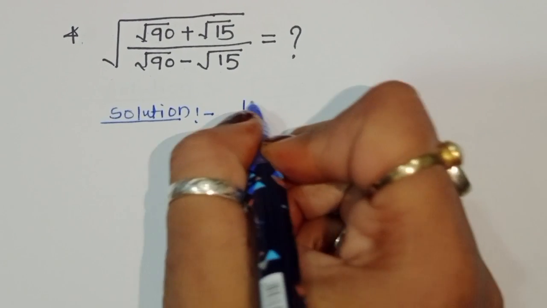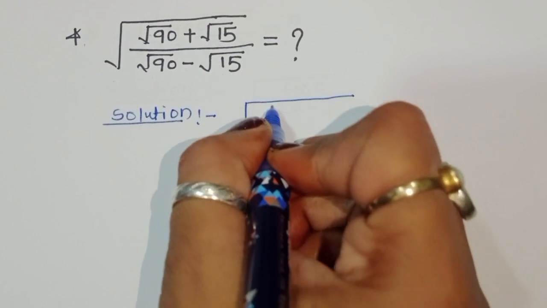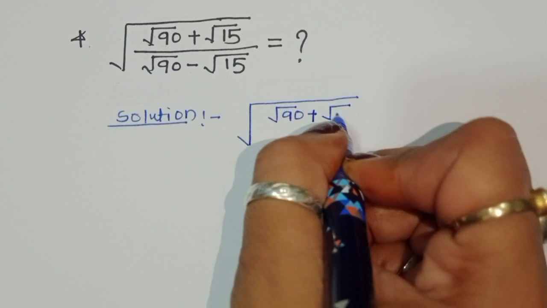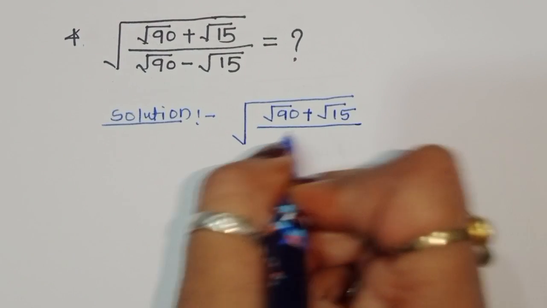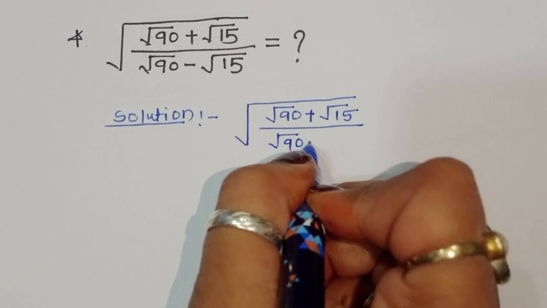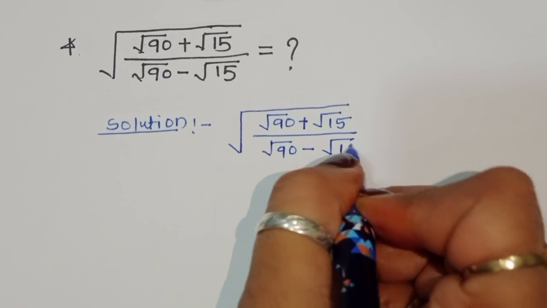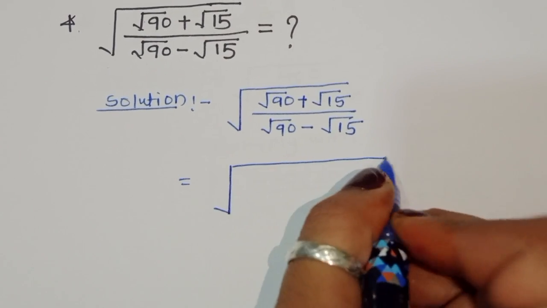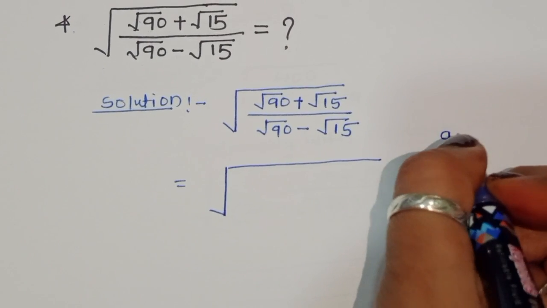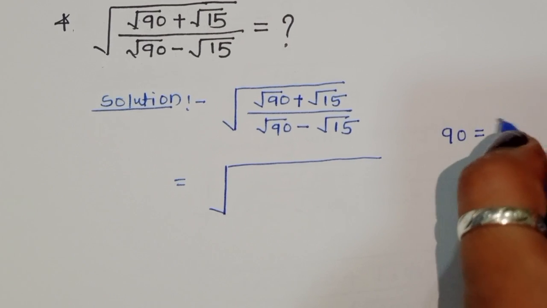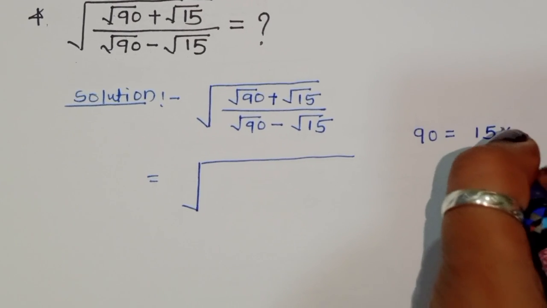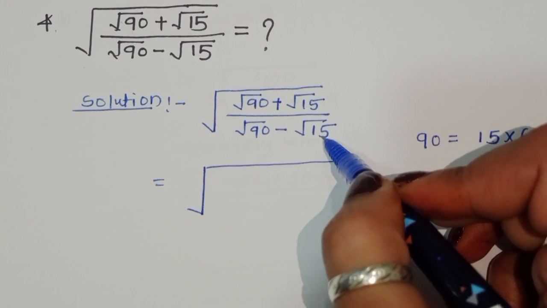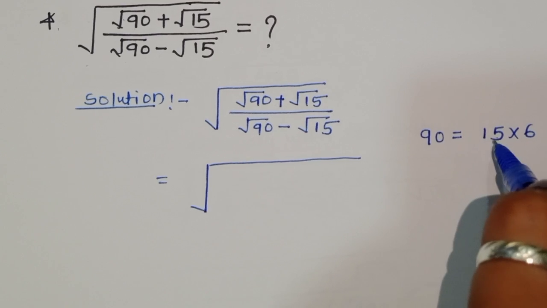Square root of (square root of 90 plus square root of 15) divided by (square root of 90 minus square root of 15). Now 90 can be factored: 15 times 6 is 90, and since 15 is already given, that's why we are taking 15.